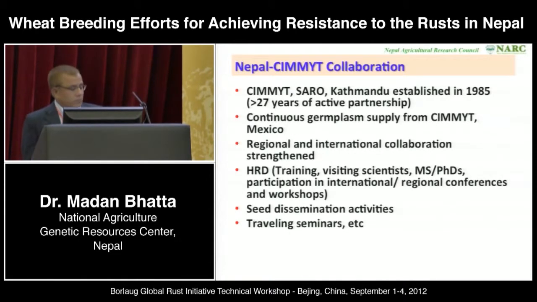We had more than 27 years of very successful collaboration with CIMMYT, once the CIMMYT South Asia regional office was established in 1995 in Kathmandu. We have a continuous germplasm supply from CIMMYT and from other countries. Regional and international collaboration is strengthened.